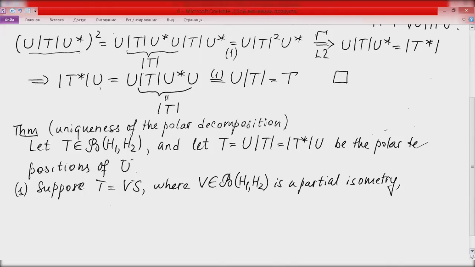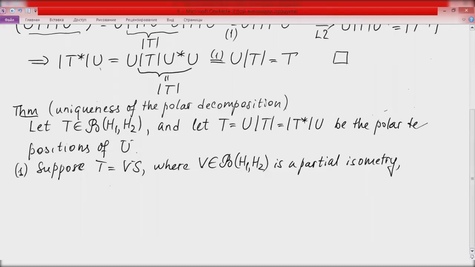Okay, so we suppose that T can be decomposed in the following way, where V is a partial isometry, S is a positive operator on H1, and the kernel of V is the orthogonal complement of the image of S. So basically, we suppose that we have another polar decomposition of T, which is economical in the same way as the standard polar decomposition is economical.